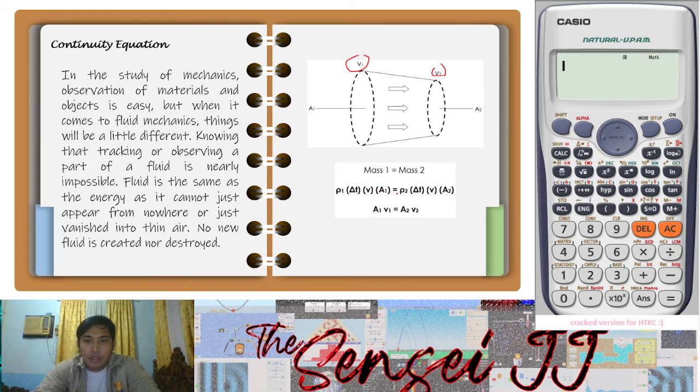But as you can see, we will just cancel the temperature and the pressure, since the pressure will be constant in here. Meaning that we will be having a larger volume than our volume 1. So we have here the formula A1 V1 is equivalent to A2 V2.